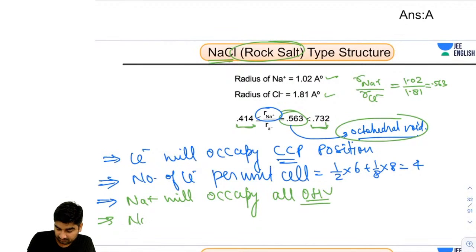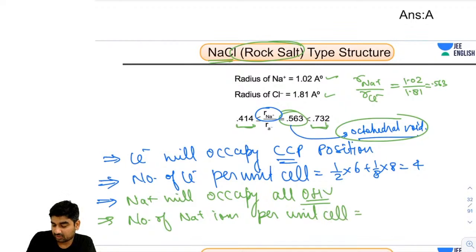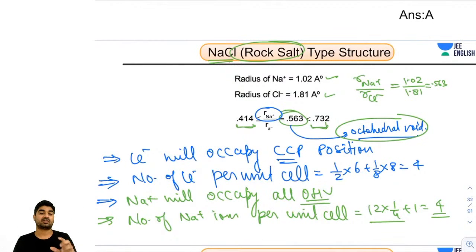So guys, number of Na plus ions per unit cell: 12 into 1 by 4 plus 1, which is 4. Why? Because octahedral void would be present at the edges. So there are 12 edges and one edge is surrounded by 4 cubes. So in one cube we will have 1/4.